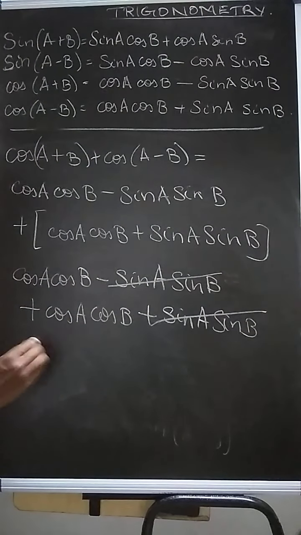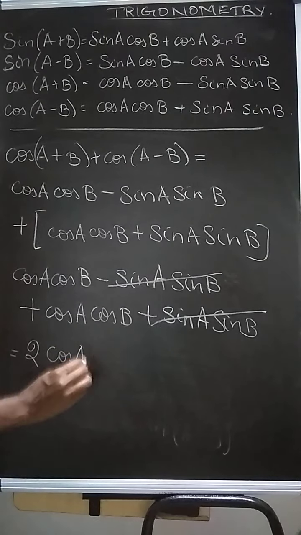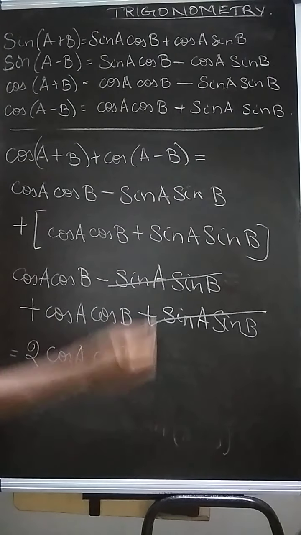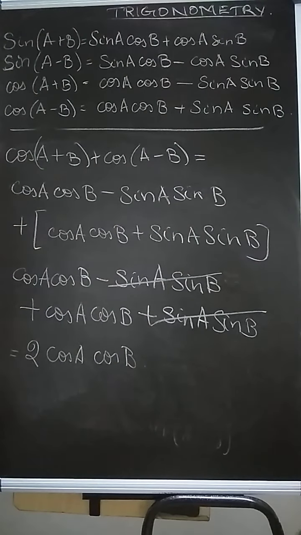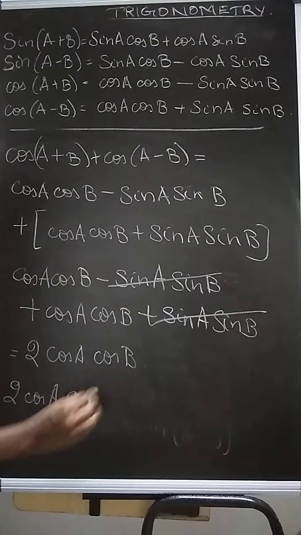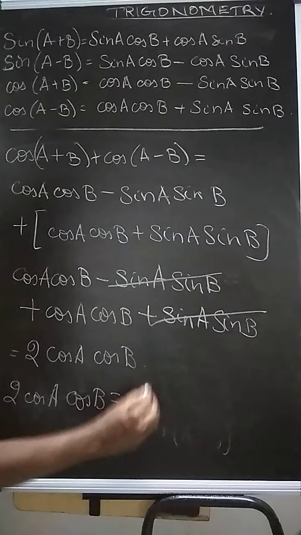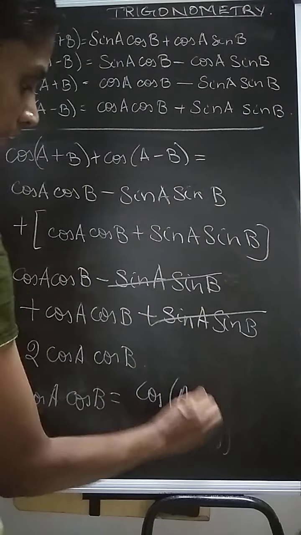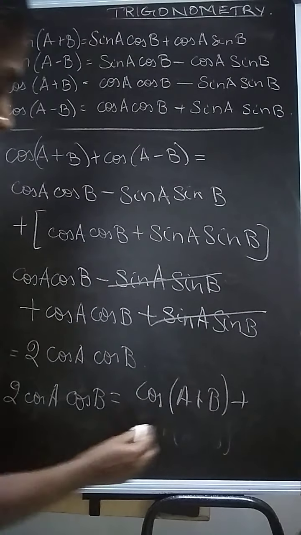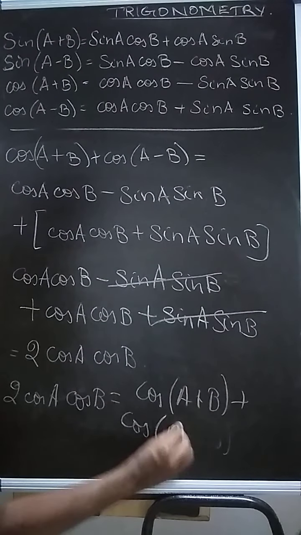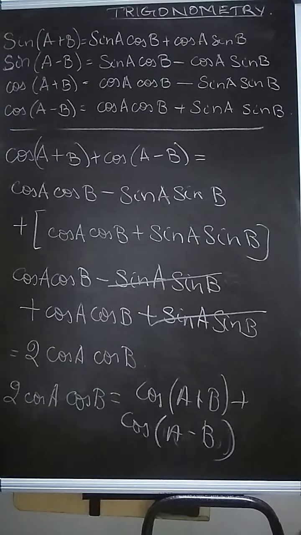You will get 2 cos A cos B. So you will get your seventh formula as 2 cos A cos B = cos(A+B) + cos(A-B).